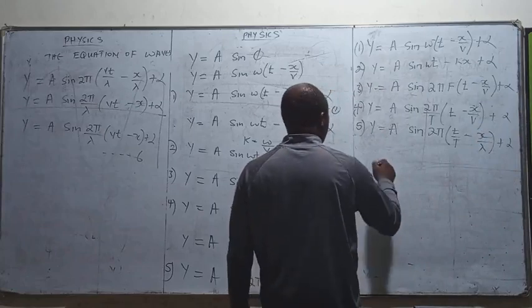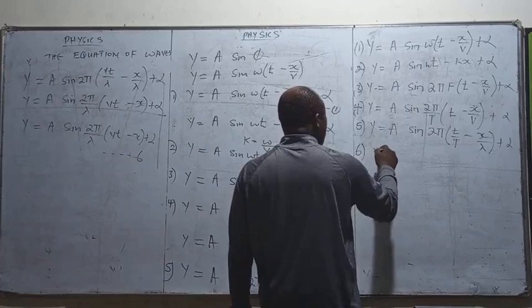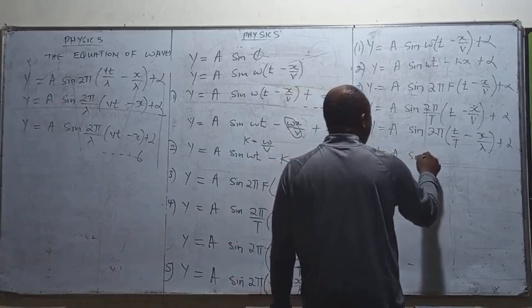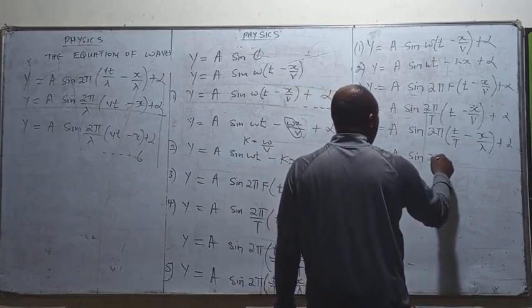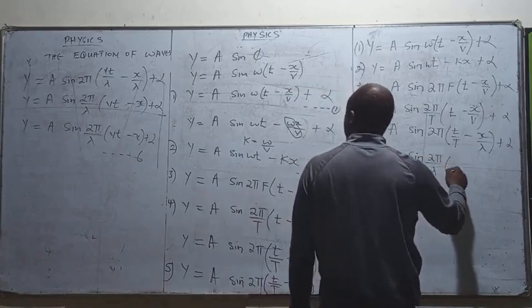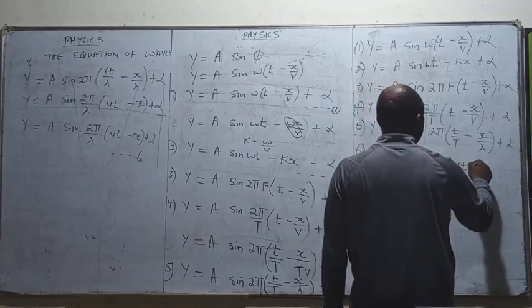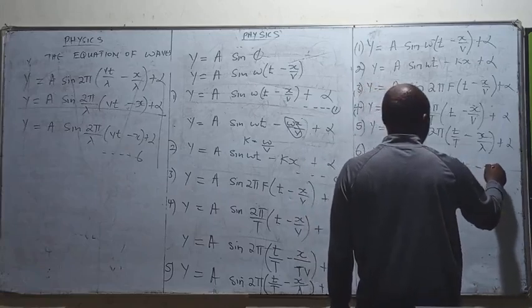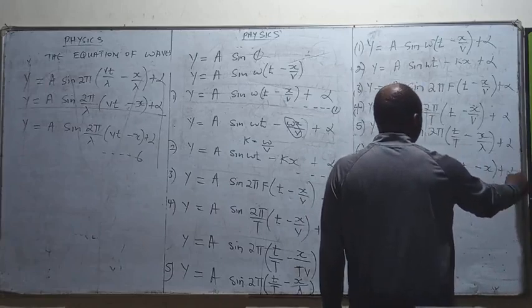Then the last one, number 6, y equals to A sine 2 pi over lambda bracket vt minus x plus alpha.